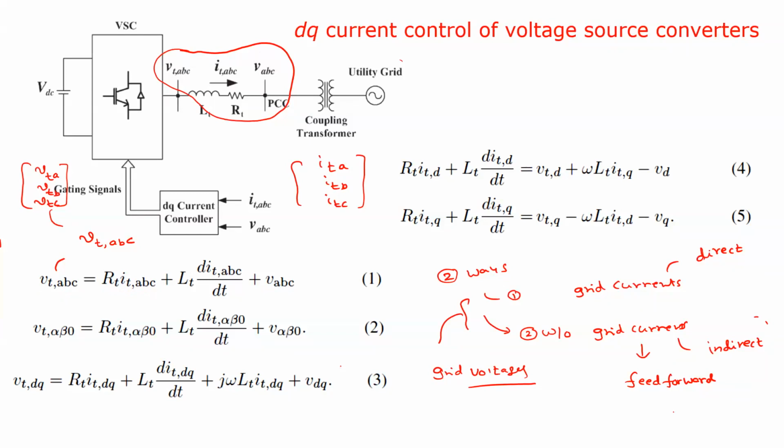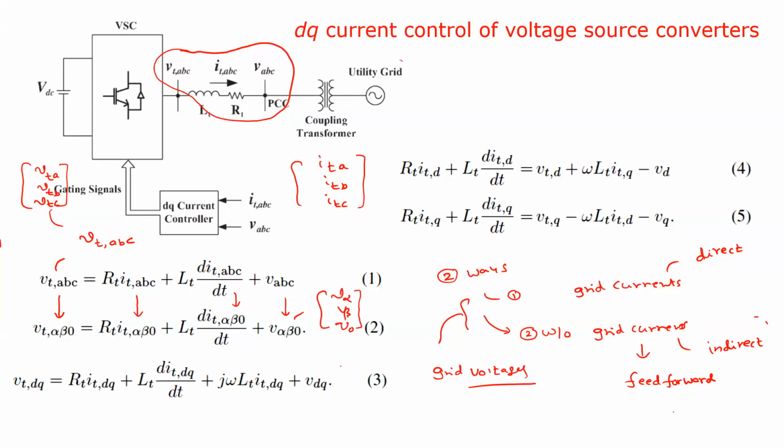If we convert this from ABC to alpha beta, that is the stationary reference frame, by using the Clarke transformation, the ABC terms become alpha beta 0 terms: V alpha, V beta, and V0.